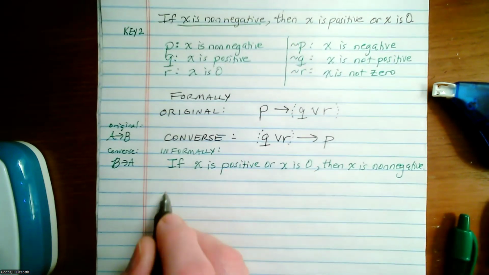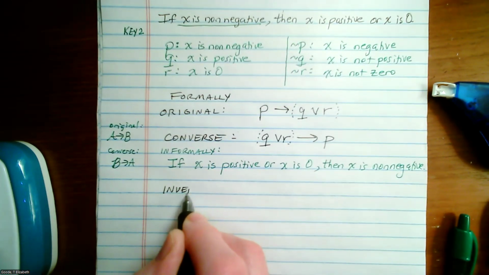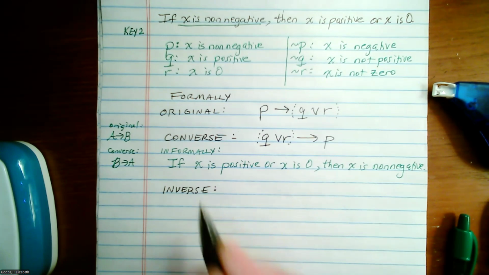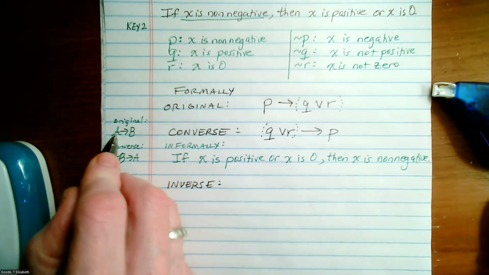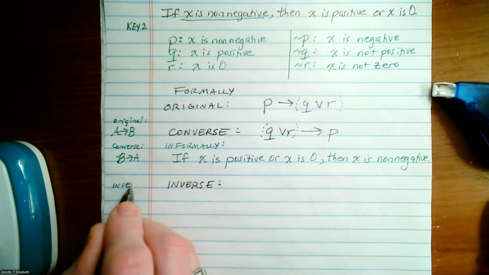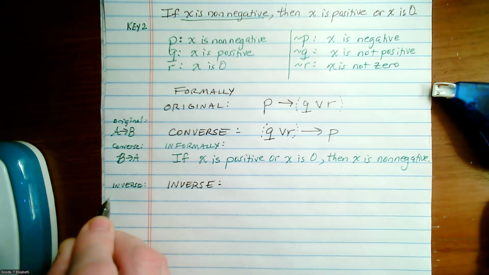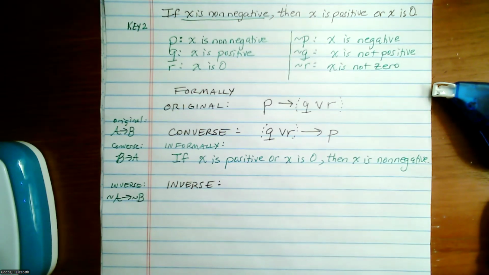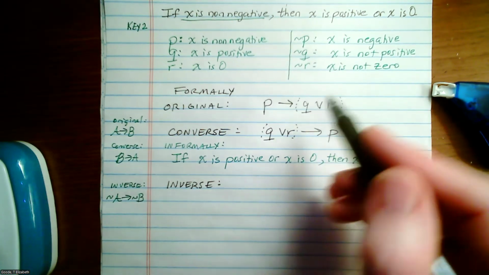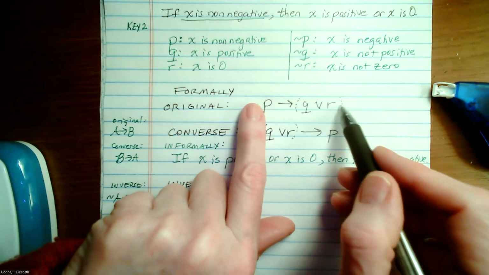Let's now do the inverse and see what happens. And you can, like I said, make an informed decision. What's the inverse if the original is curly A implies curly B? Not A implies not B. Nice. Okay, so we're going to write the inverse using the original.